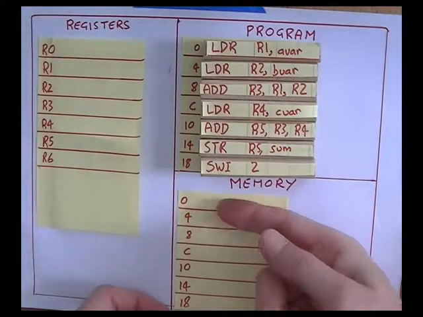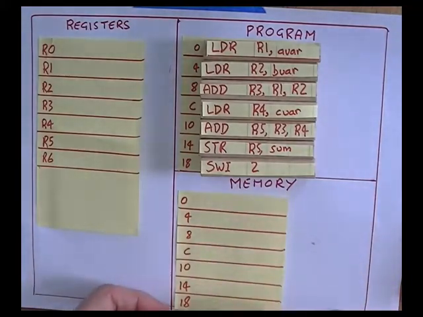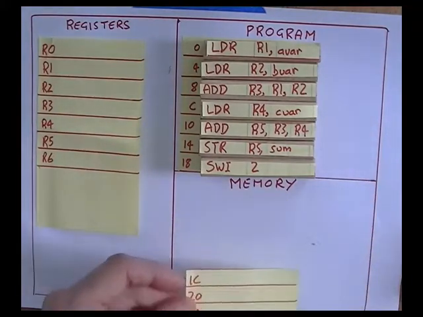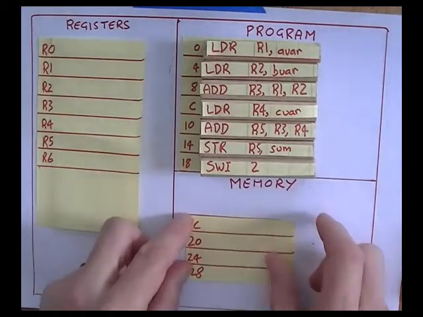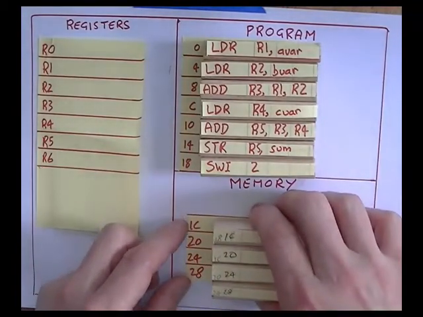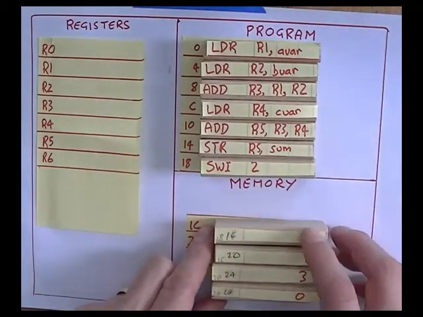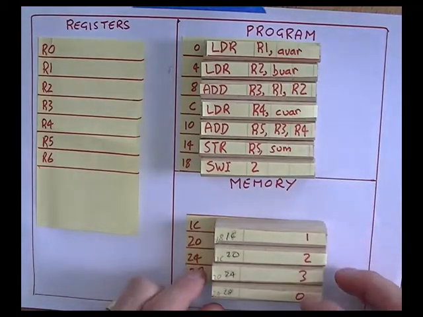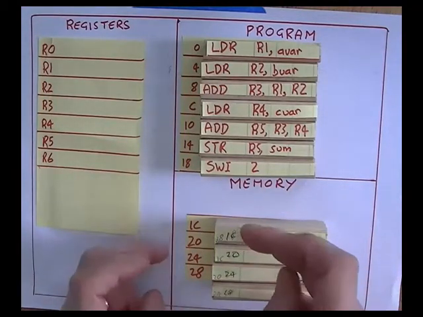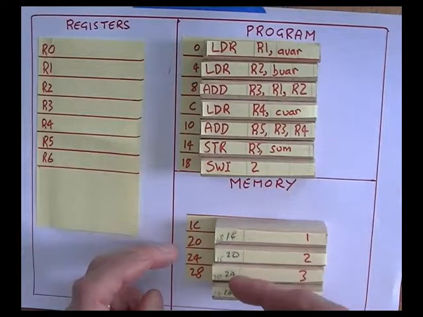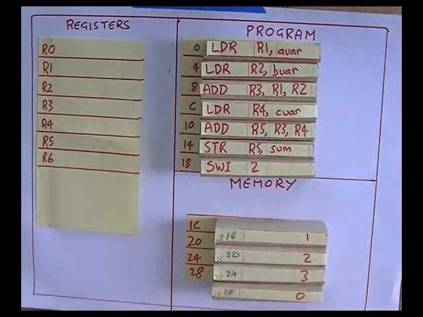So if you can understand that the memory sequence is down and then underneath it is the data. These are the addresses of the data, and this is the data, which is AVAR, BVAR, CVAR and SUM in locations 1C, 20, 24 and 28 hex.